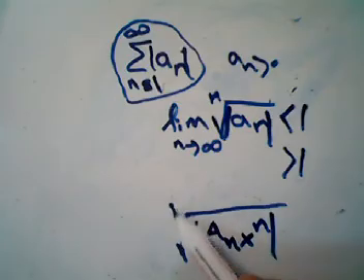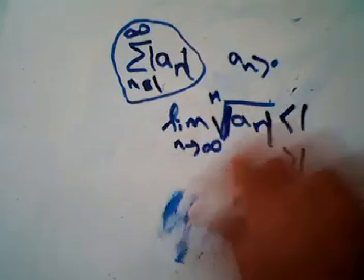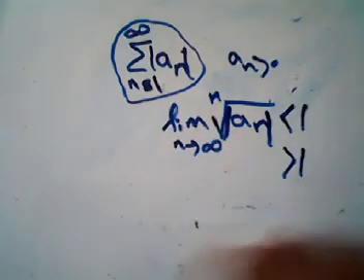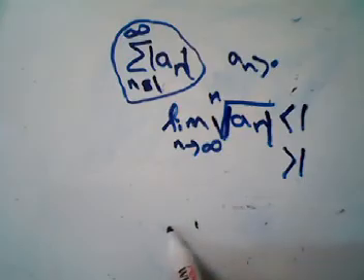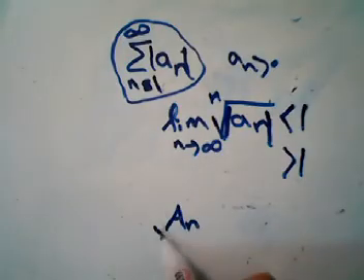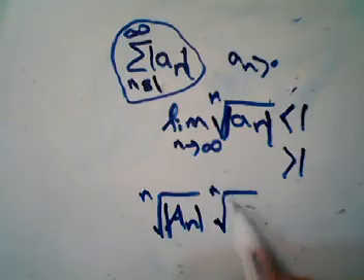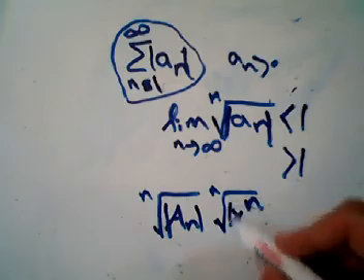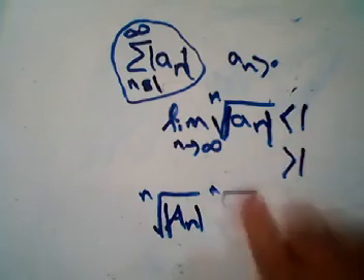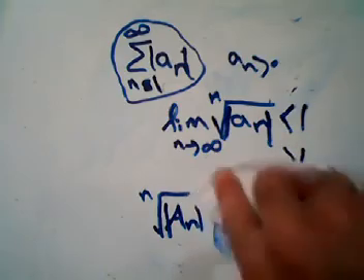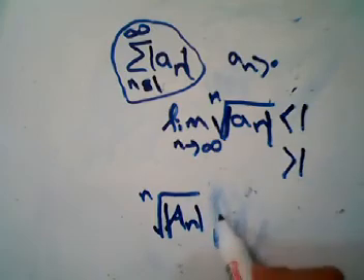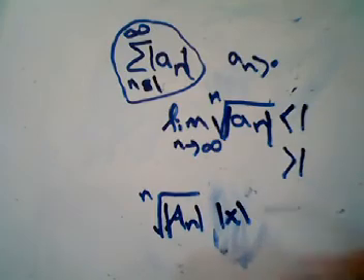Take the nth root of this, which would be what? Which would be the nth root of the absolute value of an, times the nth root of the absolute value of x to the power of n, which is the absolute value of x itself.